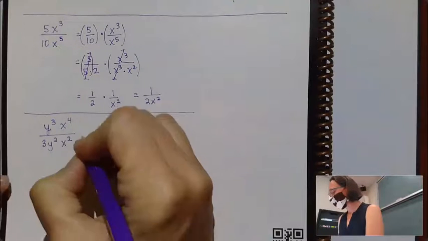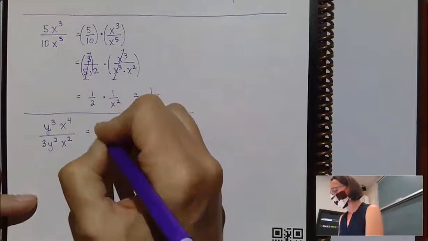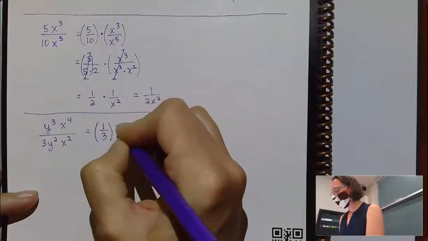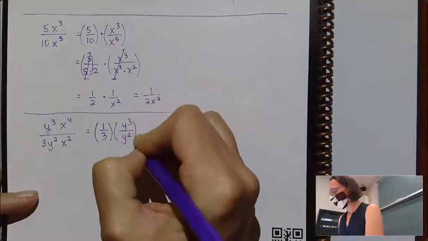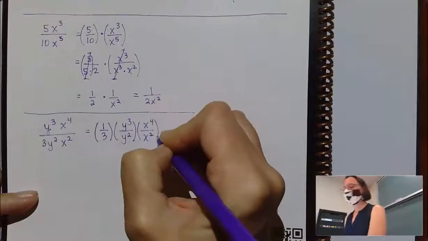So when I look at this, I'm going to think about pairing each thing up on its own. So numbers wise, there's an invisible 1 on the top. And then I've got y to the 3rd over y squared. And I've got x to the 4th over x squared.